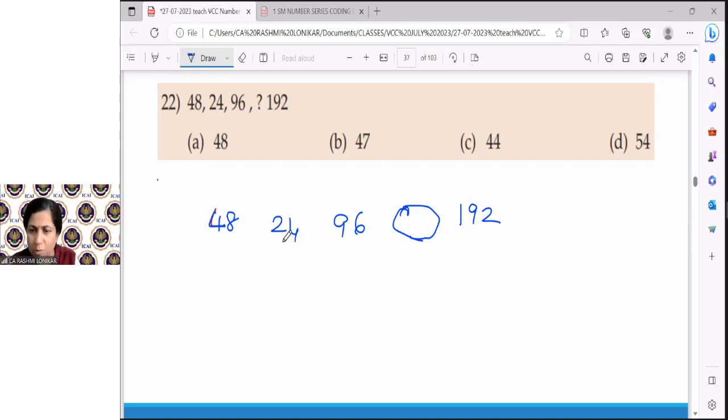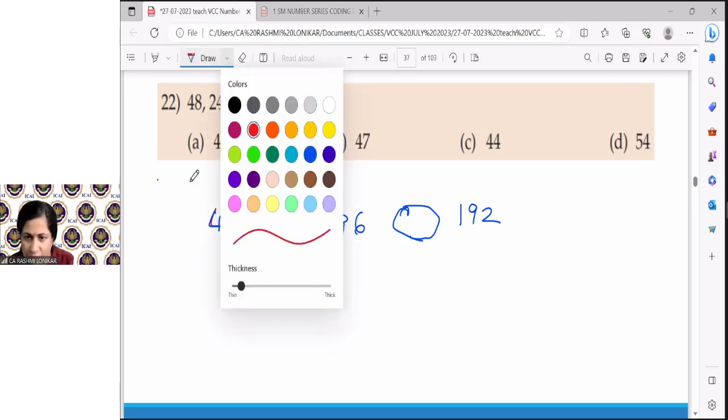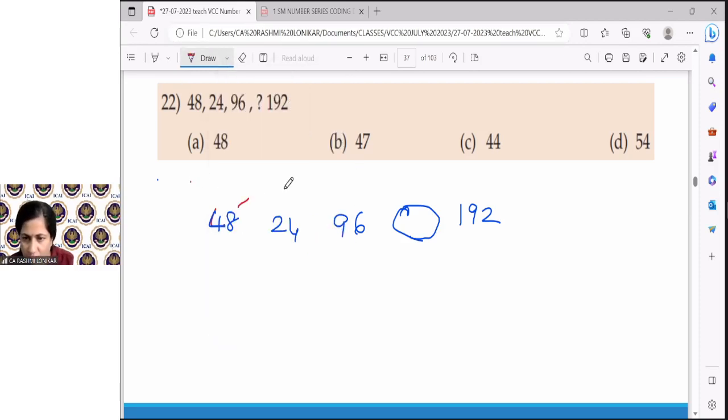What can the relation be? Here there is a drop, then there is a rise. So I suspect, I'm not very sure, but I feel the relation is 48 into 2 is 96. 96 into 2 gives me 192.